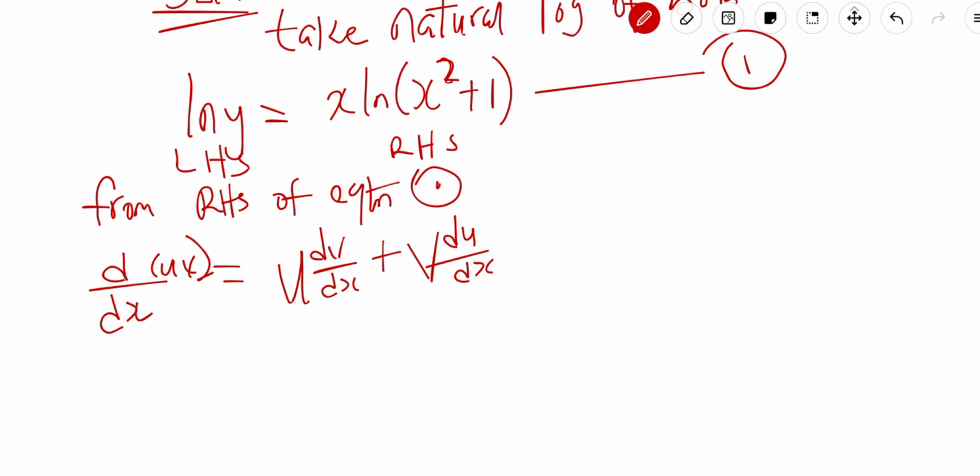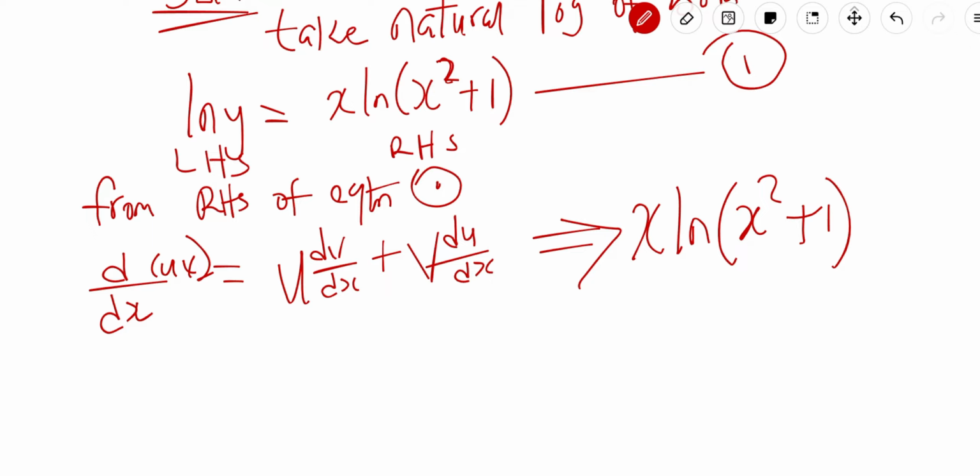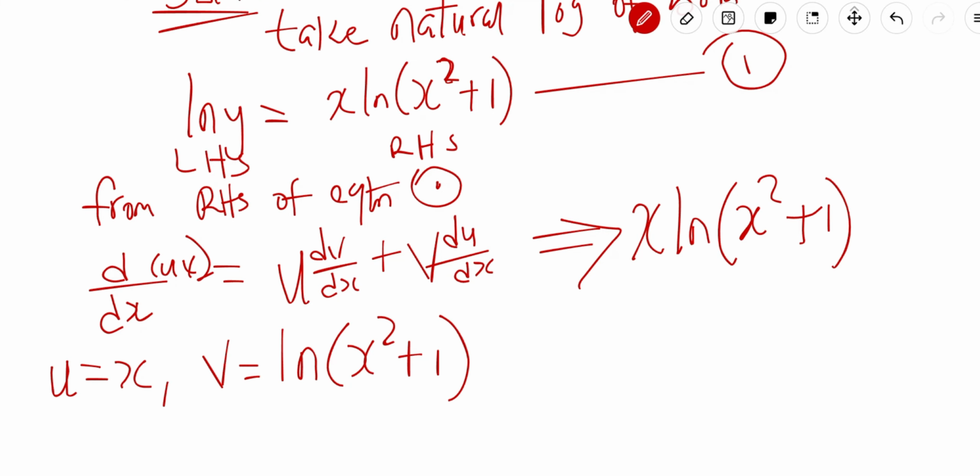Let's put up what we are trying to differentiate, that x ln (x squared plus 1). From there we could see that our u is equal to x and our v is equal to ln (x squared plus 1).